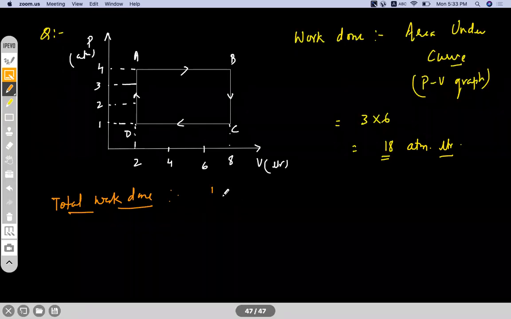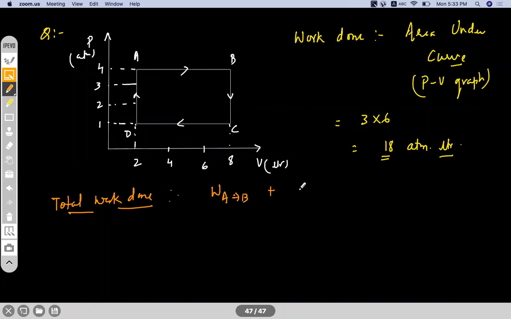We'll have work done in A to B plus work done in B to C plus work done in C to D plus work done in D to A. This is the entire thing. So B to C and D to A, you see it is a constant volume process, so work done would be 0 in these two processes.